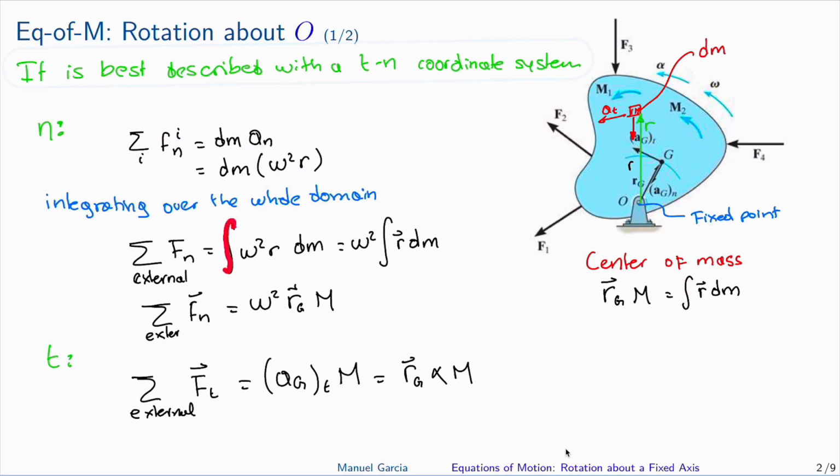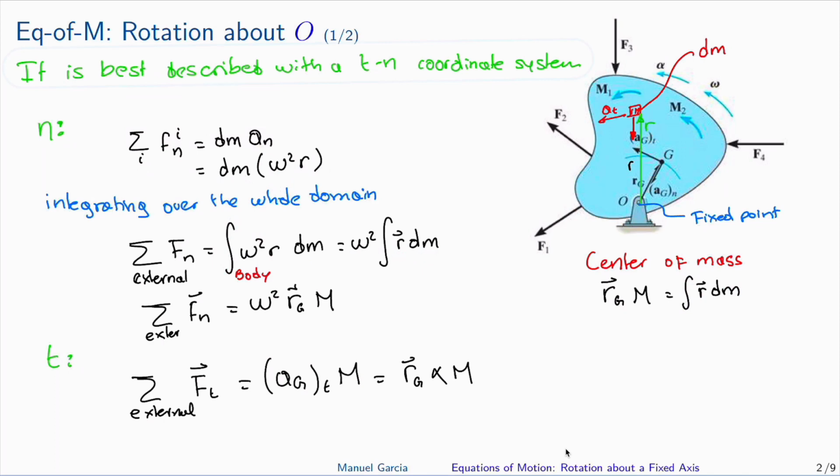So that's the integral of omega squared r dm. I just swapped this dm to the left-hand side. So we have to do the integral over the rigid body. And because omega, the angular velocity, is the same for any particle in our system, we can move it out of the integral. So this is omega squared, and inside the integral we have the integral of r dm.